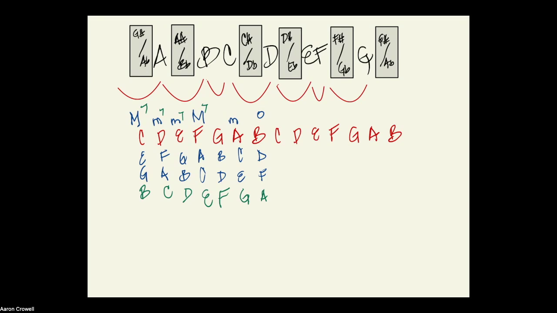So we're just going to write the letter. This is 7, and this becomes B half diminished, also known as B minor 7 flat 5. Okay, and that's the next set of notes.